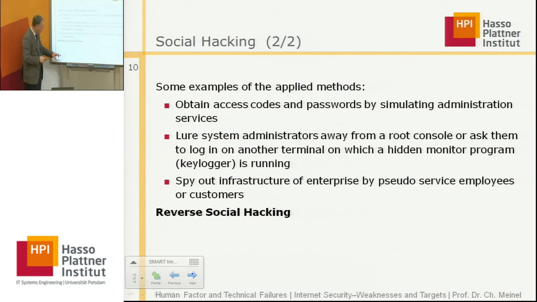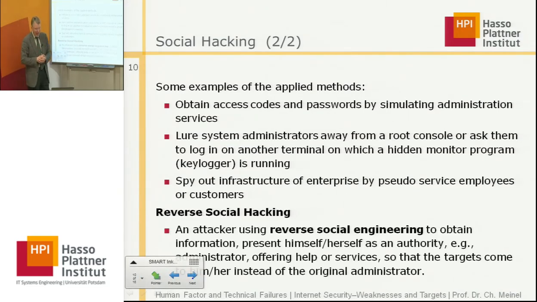The so-called reverse social hacking. That is called, an attacker is using this reverse social engineering to obtain information, presenting himself or herself as an authority.